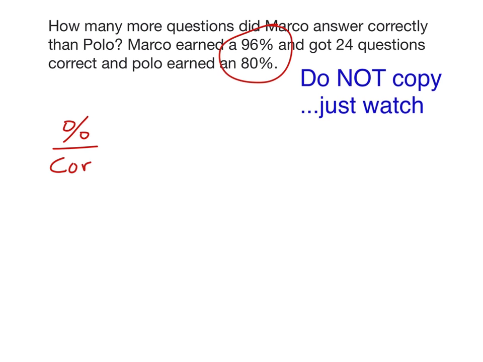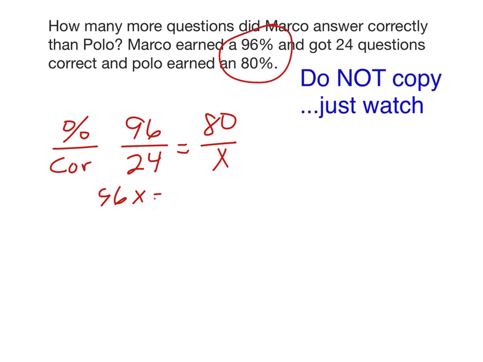Okay, so Marco got 96, and that was 24 questions correct, while Polo got an 80, and we got to figure out how many got correct so that we could find out how many more Marco got than Polo. So we cross multiply. 96x equals 80 times 24.